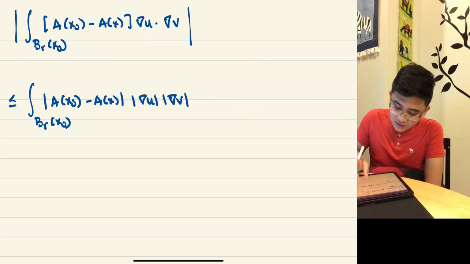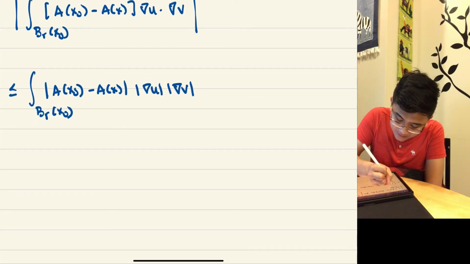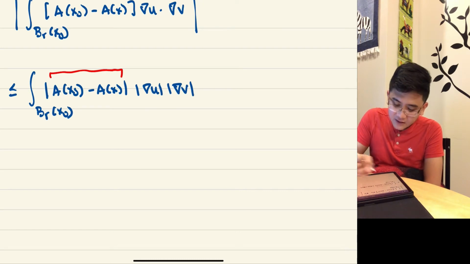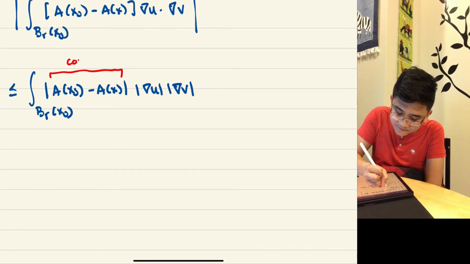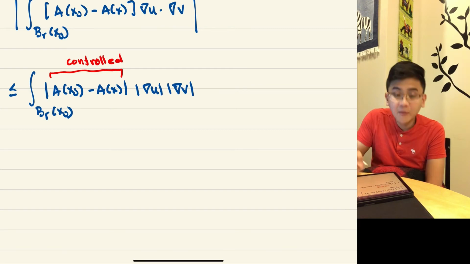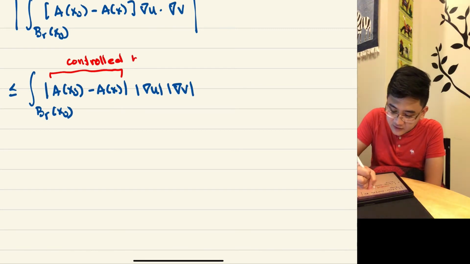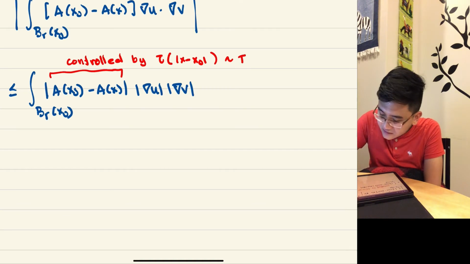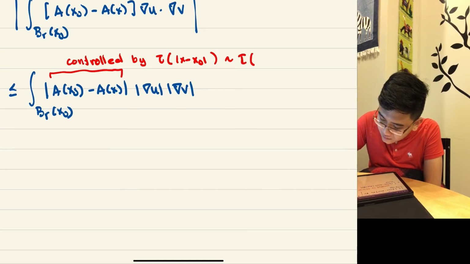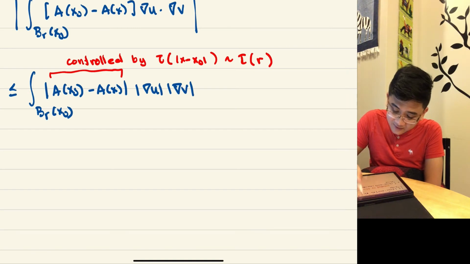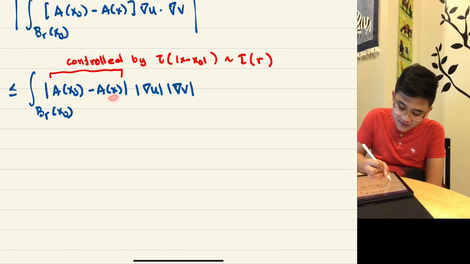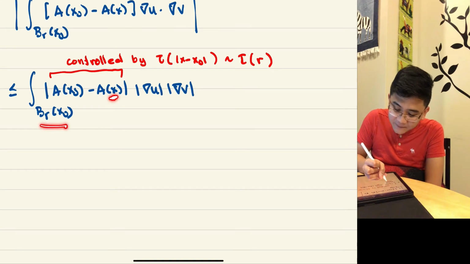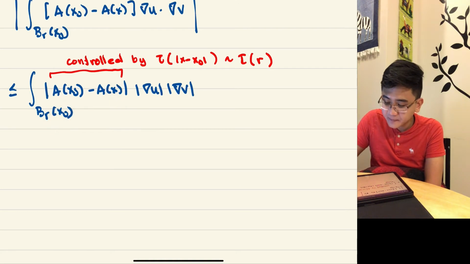Note that this term here will be controlled by the modulus of continuity of A. So this would be controlled by tau of the distance between x and x0, which is like tau of r. Note that x here is in this ball, and what that means is that the distance between x and x0 is at most r.